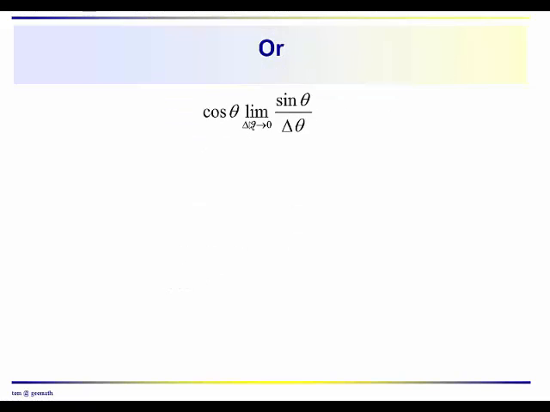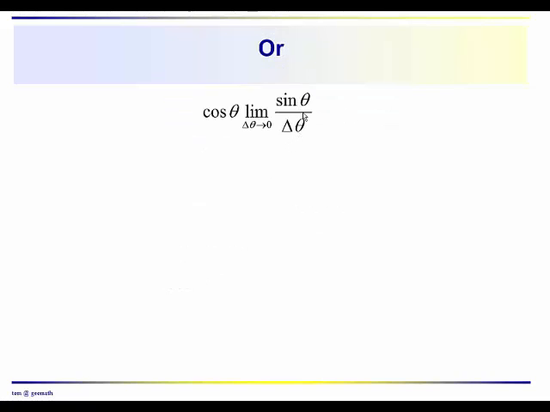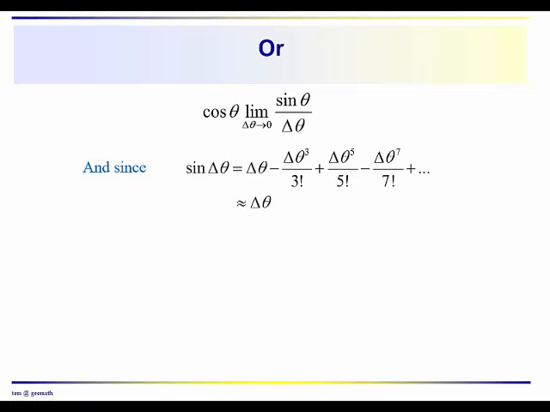Another way to say that is cosine of theta in the limit that sine of delta theta over delta theta, which is our sine of theta over delta theta up here, is another way we could have written that. Goes to 1, actually.